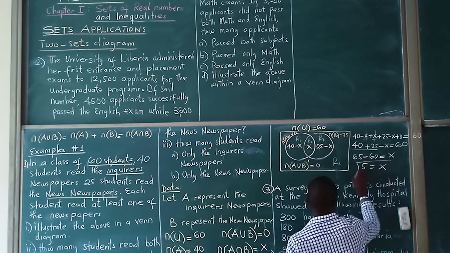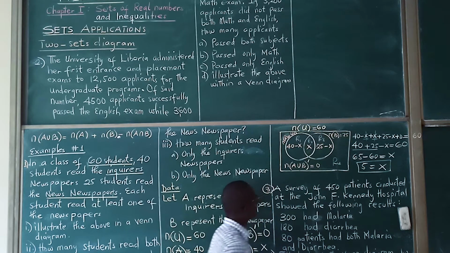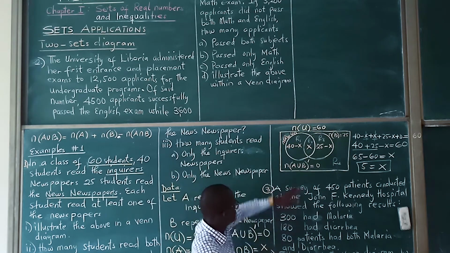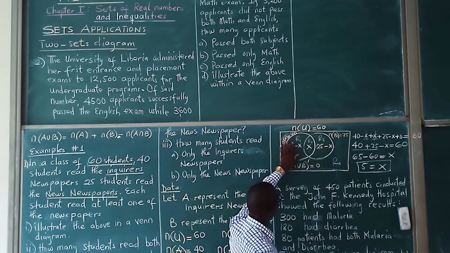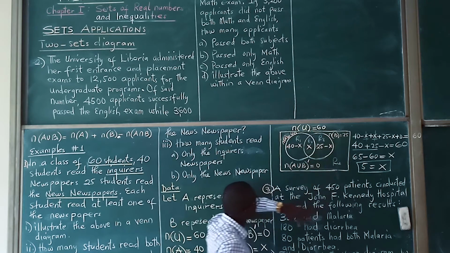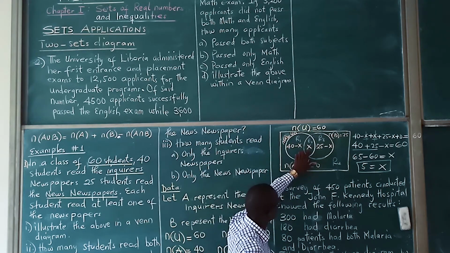So it means that the number of students who read both the Inquirer newspapers and the other newspaper is just equal to 5.